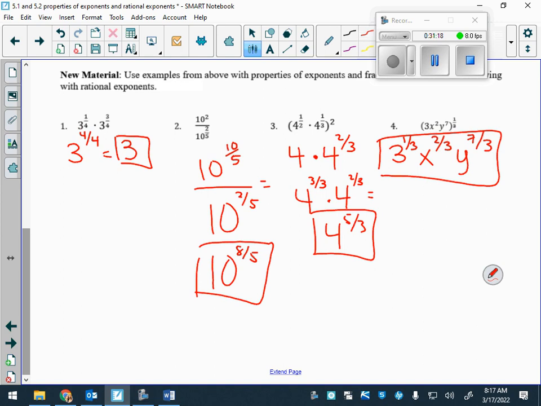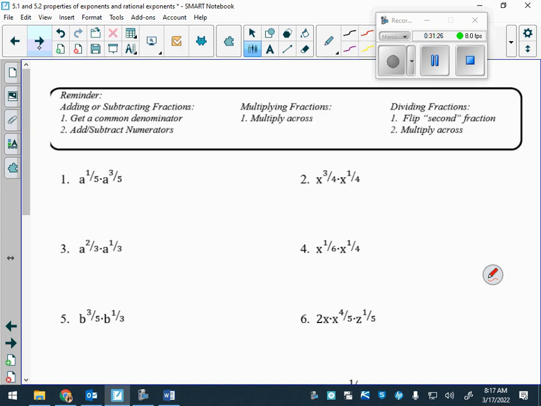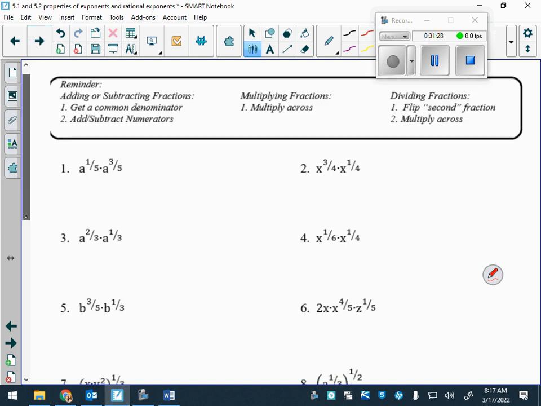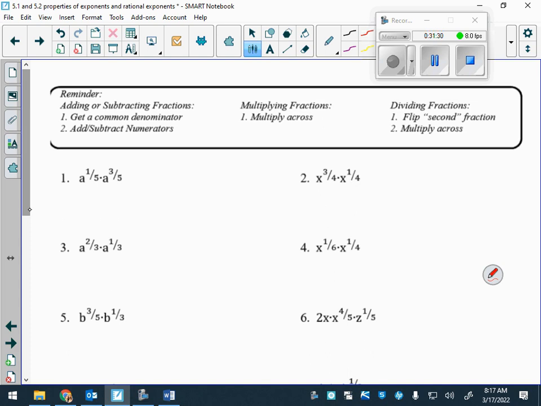All right. We're going to try some practice. On the next page, 1 through 12. And some reminders up here in terms of fractions. Go through these.